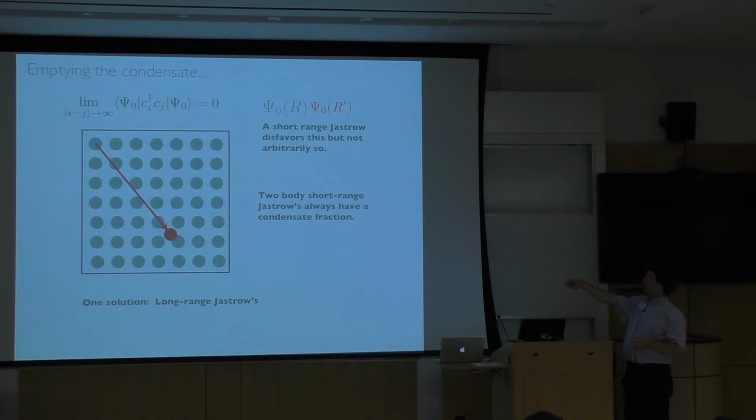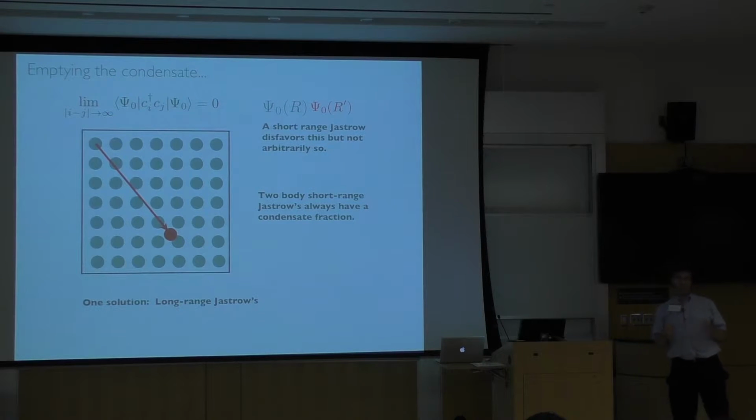And what does it mean to be not superfluid? It means that if I look at the one-body real space reduced density matrix for two particles, i and j, for two spatial locations, i and j that are very far apart, those go to 0, i.e. I don't have a Bose condensate. This is the real space version of saying I don't have a Bose condensate.